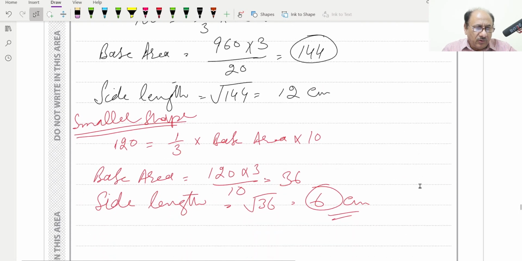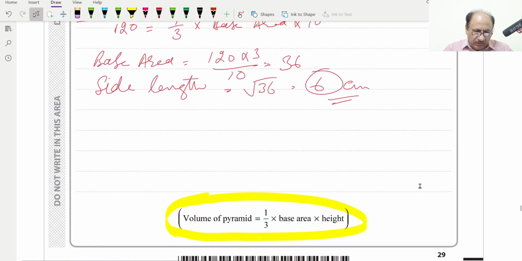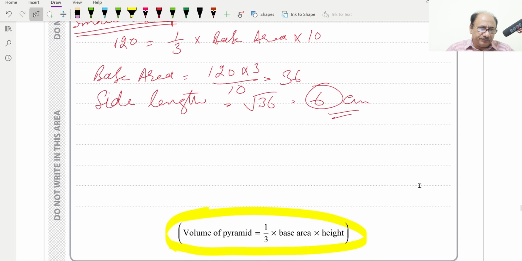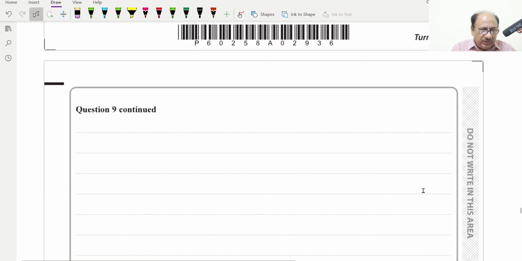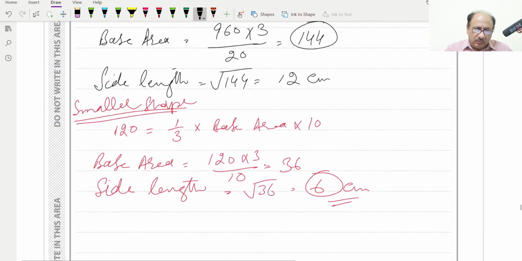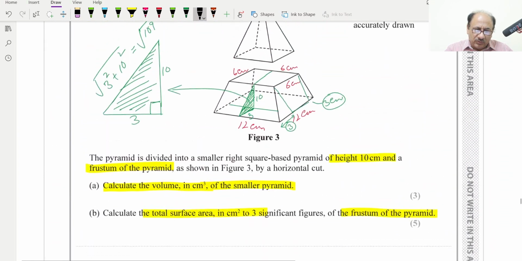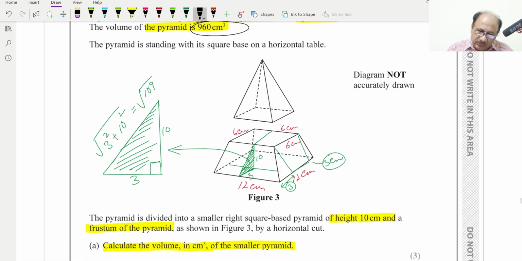Now we will be finding the surface area, and for the surface area we will take 144 because one side is 12 into 12, so we will use this. From where we got this 144: this is the base of this bigger shape, which is 12 centimeter by 12 centimeter.